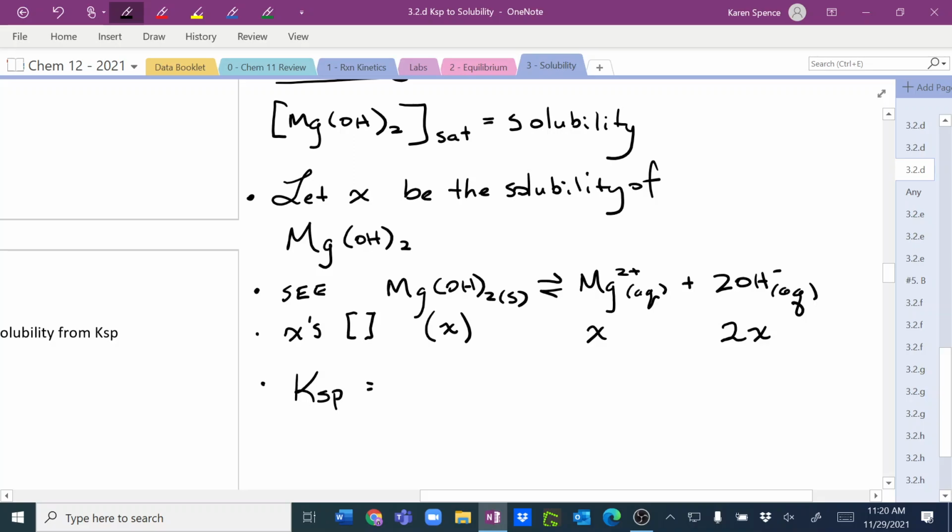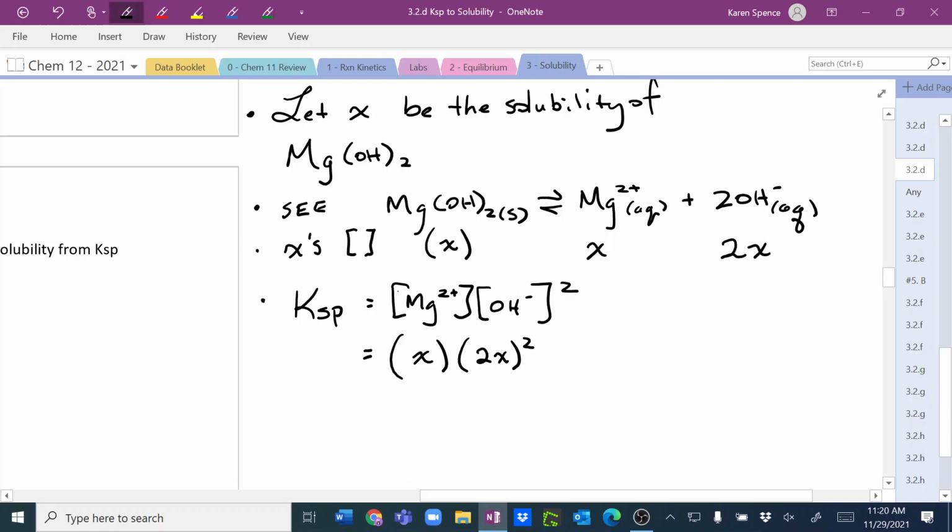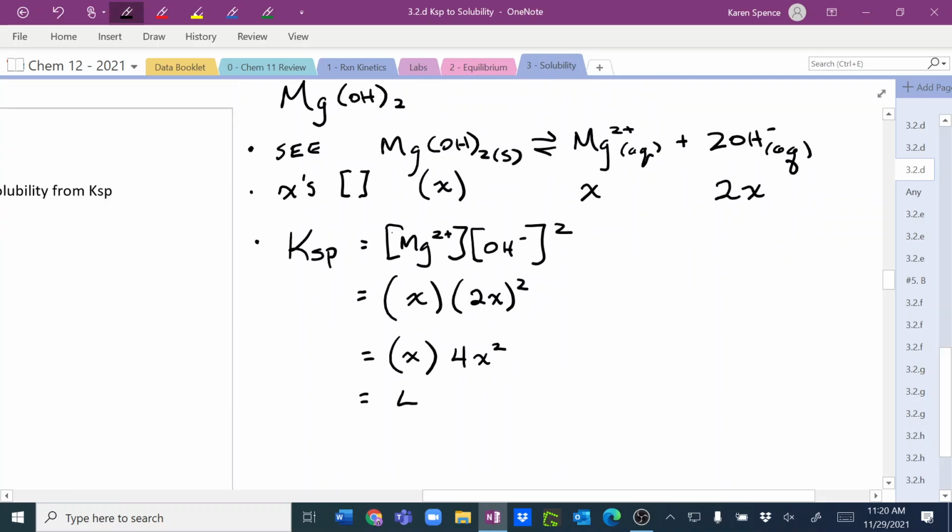Ksp is the concentration of magnesium times the concentration of hydroxide squared: X times 2X all squared. 2X all squared is 4X squared, and if we multiply by X, we get 4X cubed.